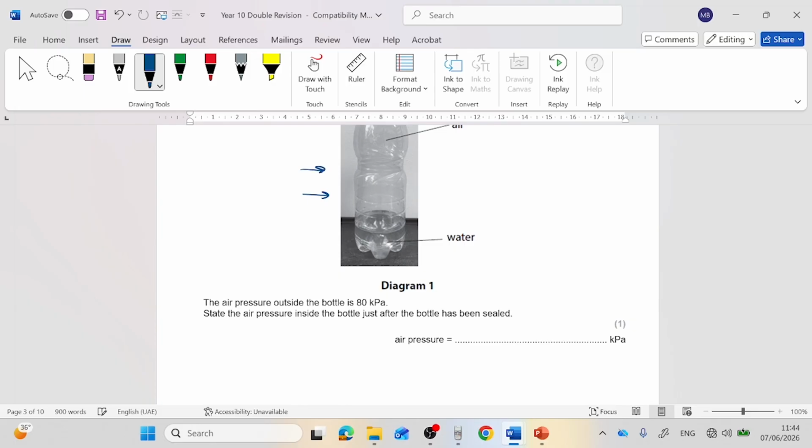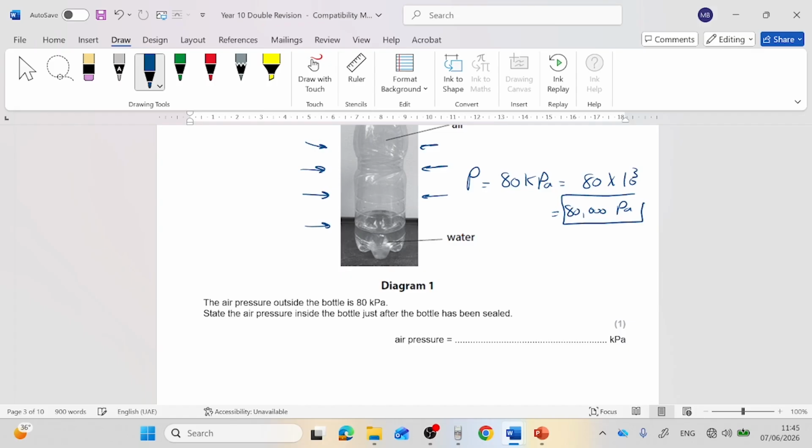So the pressure due to air, which is called atmospheric pressure, is acting on the bottle from all directions, and the pressure is equal to 80 kPa, k means kilo, Pa means Pascal. Kilo means 1,000, so it is 80,000 Pascal. This is a huge number. So state the air pressure inside the bottle.